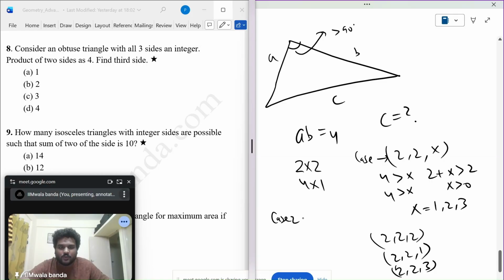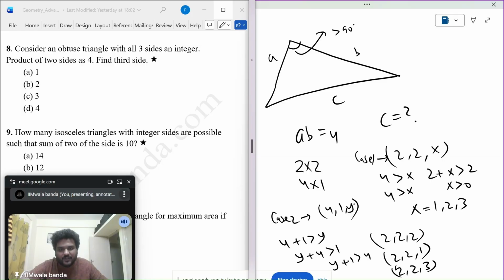Let's take case 2. It is 4, 1 and x, or y. So 4 plus 1 should be greater than y, 4 plus y should be greater than 1, and y plus 1 should be greater than 4. Sum of 2 sides is greater than the third side.